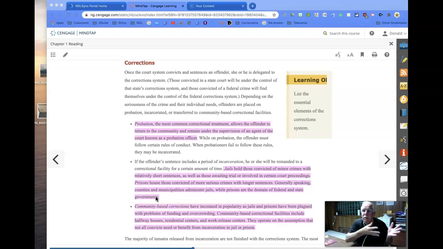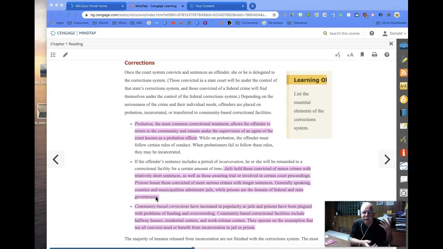The offender walks out of the court and he goes back into the community, back to his life. But he has to report regularly to the probation officer, and he has to meet the terms of his probation. If he doesn't, then he can be reapprehended by the police, brought back into the correction system, where he will actually be incarcerated, placed into a prison or jail.